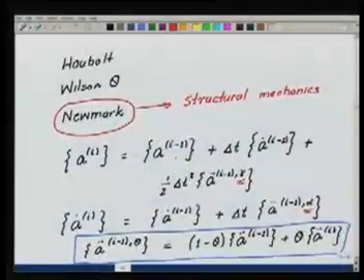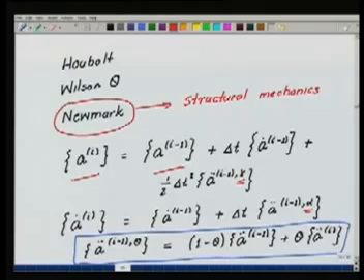Now you see that I can write A I in terms of A I minus 1, A dot I minus 1, and the acceleration at step I minus 1 and at step I. By substitution, I can write the acceleration at step I in terms of the displacement at step I, and the displacement, velocity and acceleration at step I minus 1. So I can write A double dot I in terms of the unknown A I and the knowns at step I minus 1.